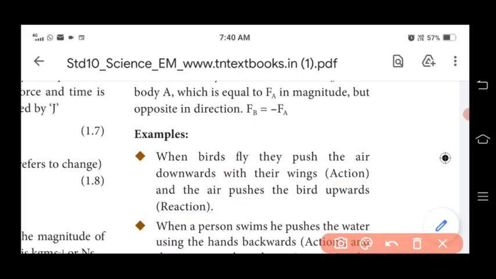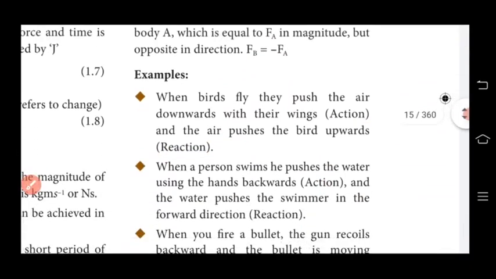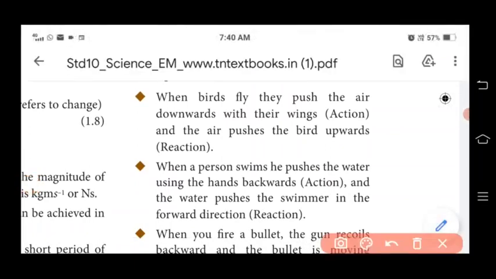And then next example, when a person swims, he pushes the water backward using his hands. That is said to be the action. And the water pushes the swimmer in the forward direction. This is said to be the reaction.